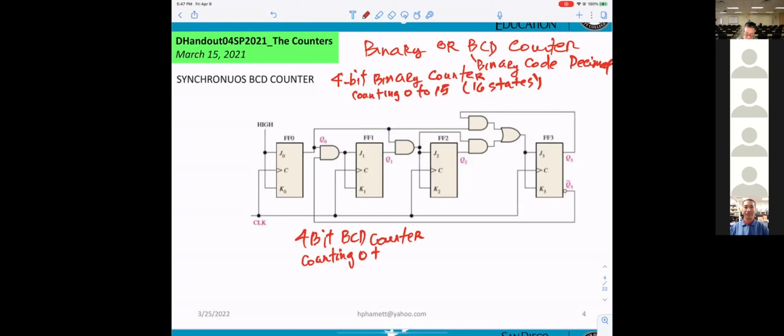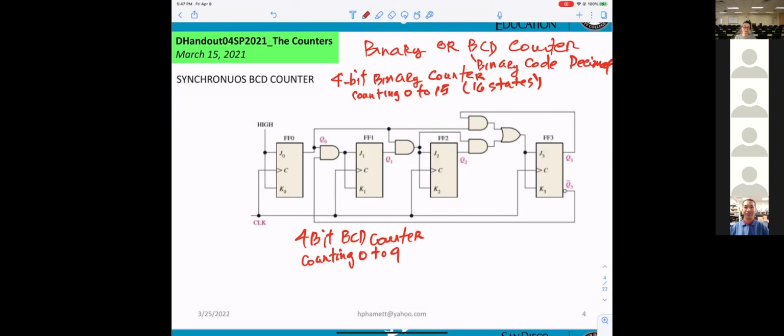You understand BCD means binary coded decimal. They work using binary, but exactly the same as decimal. And in decimal, you don't have any number greater than 9.